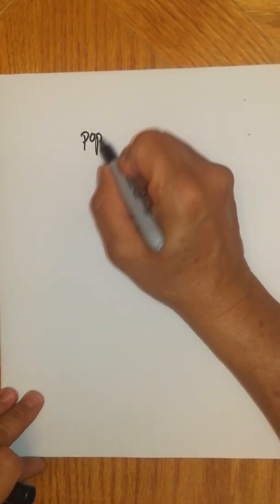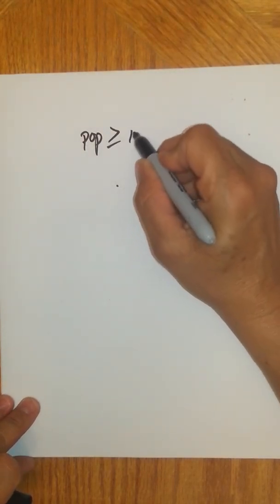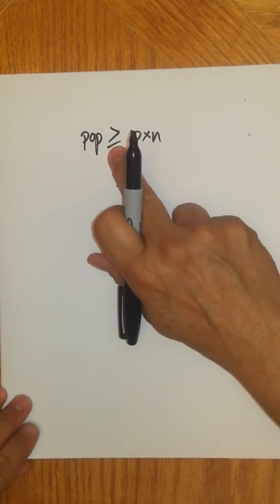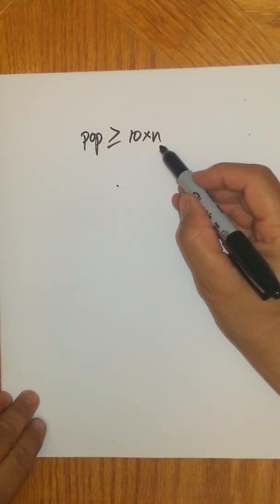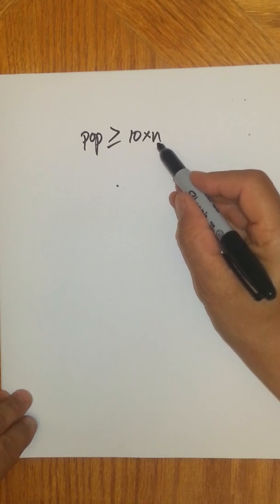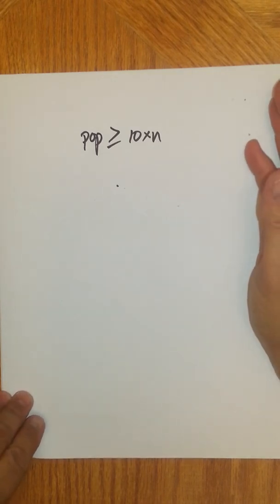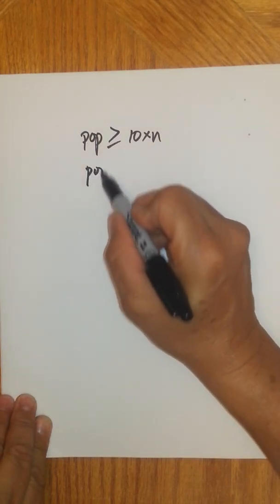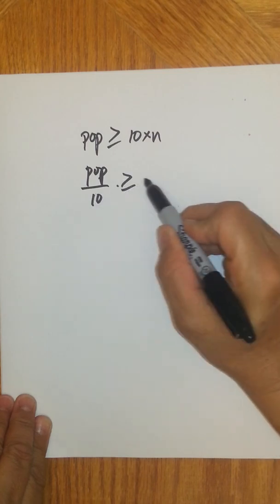Now, let me work a little bit with this. If the population has to be greater than or equal to at least 10 times the sample size, then let's go ahead and solve for n. That's usually how it's written in the statistics books. So I'm going to divide by 10. I'm going to start solving for n.